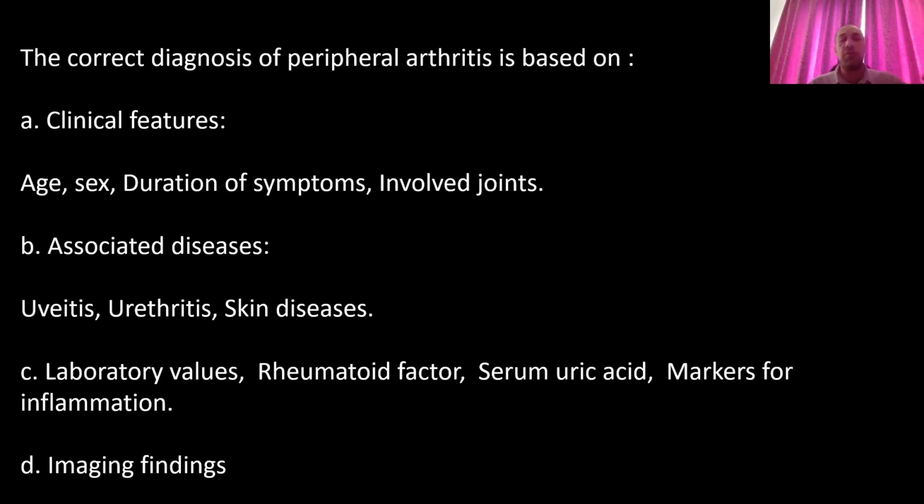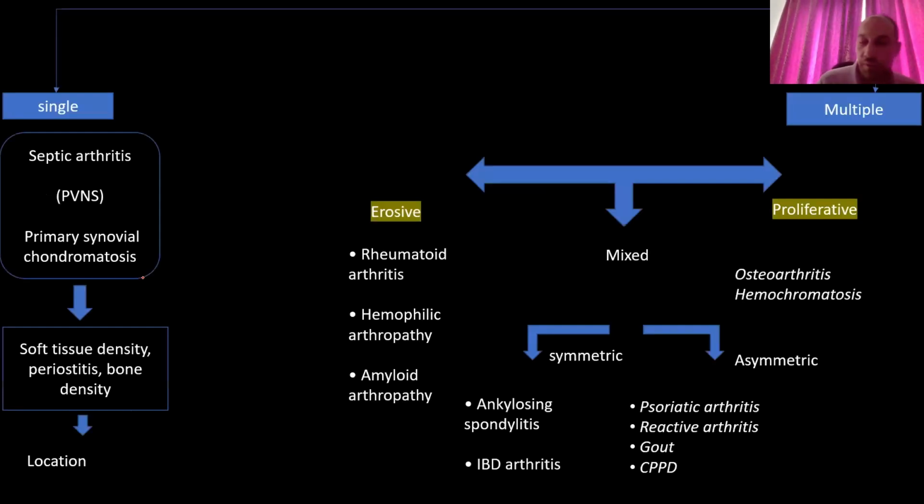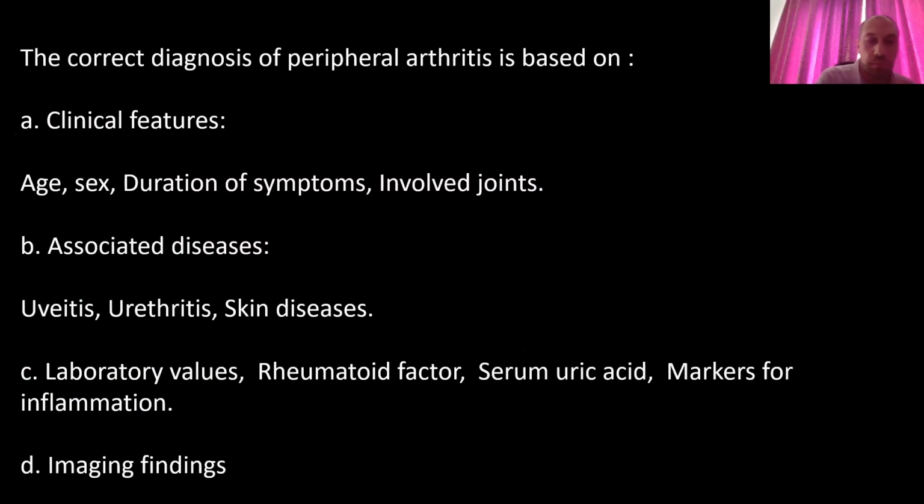Then the associated disease: uveitis, urethritis with reactive arthropathy, not rheumatoid. It is reactive arthropathy, and the skin disease in scleroderma. Laboratory values: rheumatoid factor, uric acid, and the other markers, like for ankylosing spondylitis. Okay.